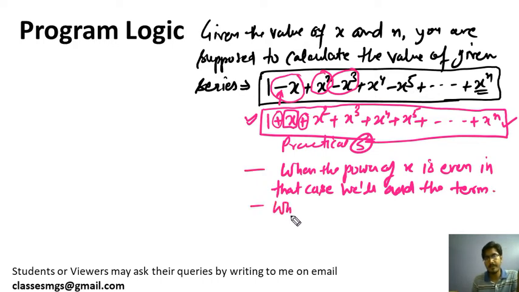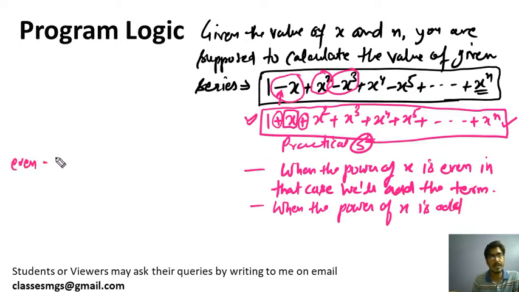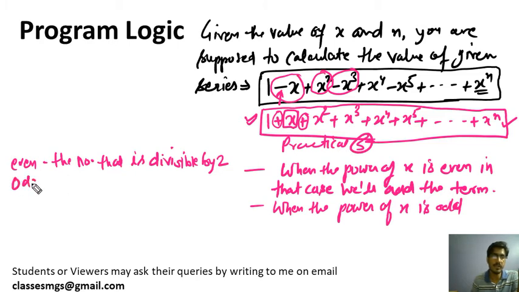And when the power of x is odd, what is even or odd you should know. Even means the number that is divisible by 2 is known as an even number, and odd number is what?